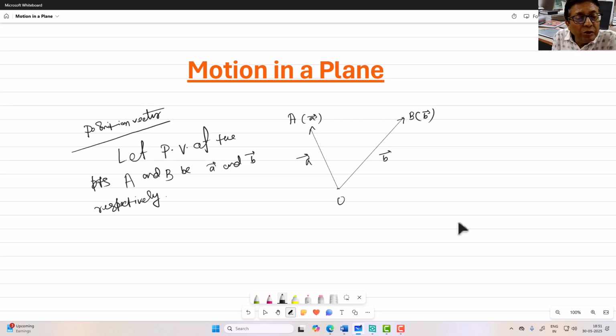Then OA equal to, as shown in diagram, A vector and OB equal to B vector.